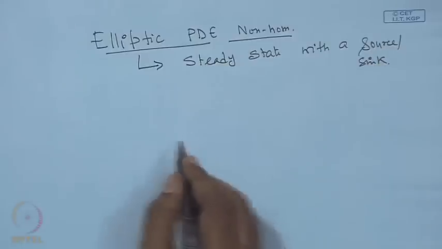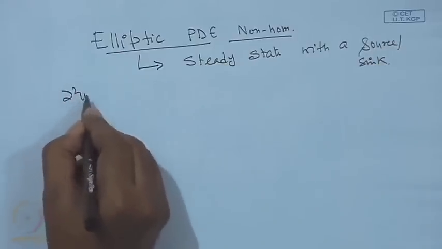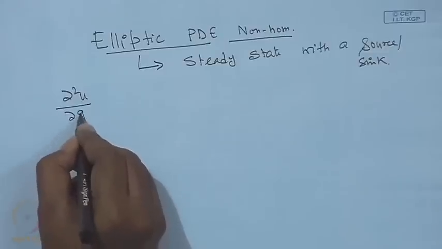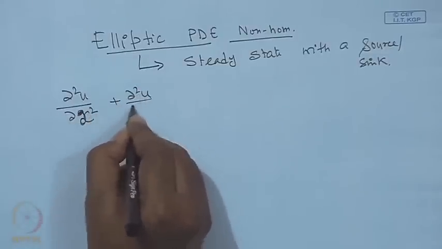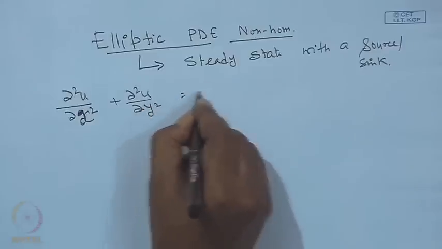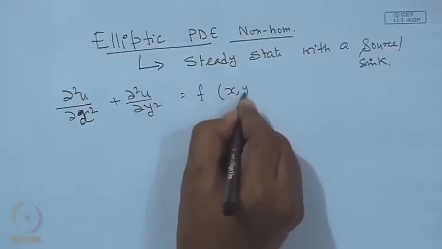The governing equation may be in general looking something like this: del square u by del x square plus del square u by del y square is equal to f of x y.